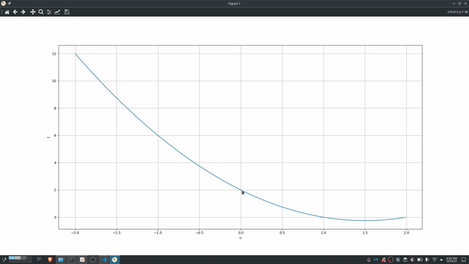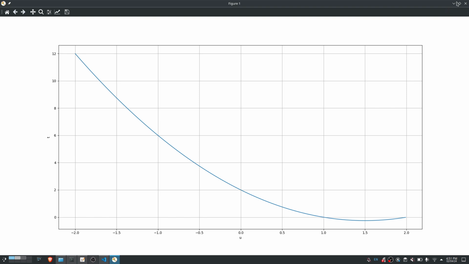The minimum t coordinate, where this is u and this is t along the y-axis, is the actual minimum of the function. So the minimum is equal to 2, exactly as we had previously.